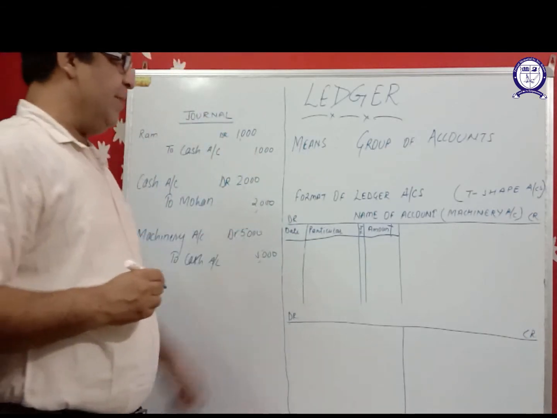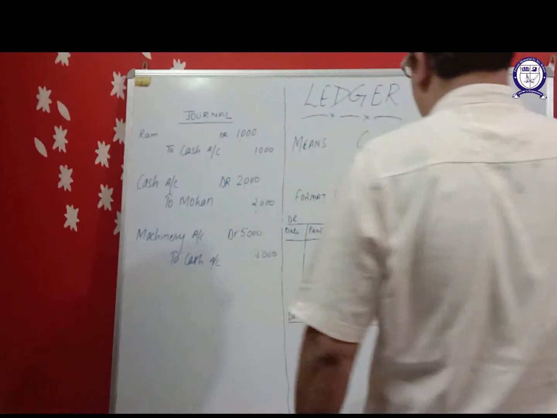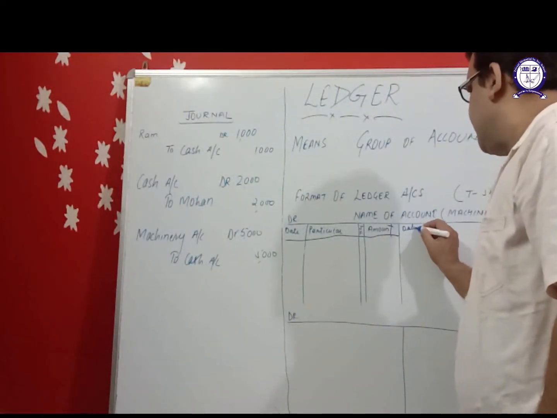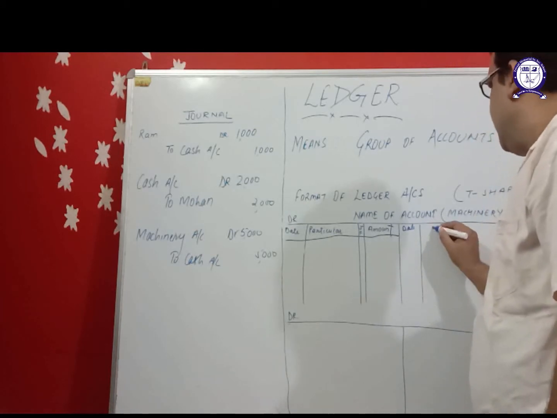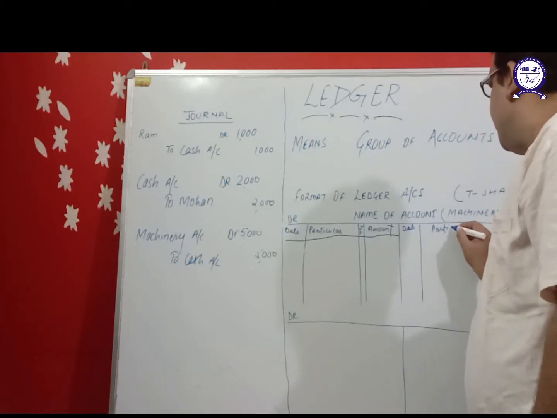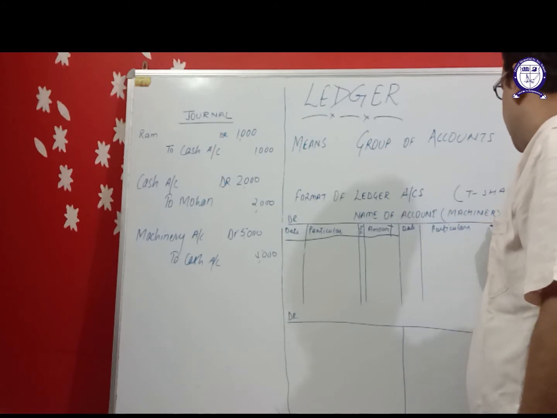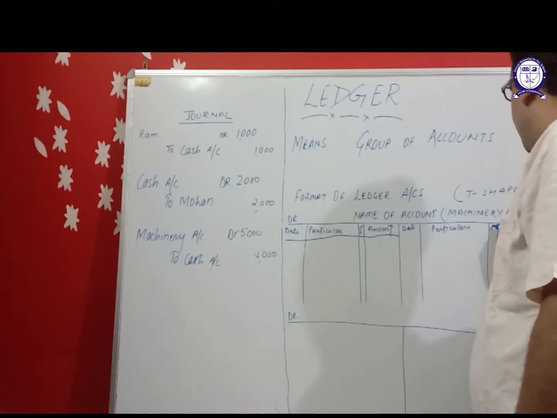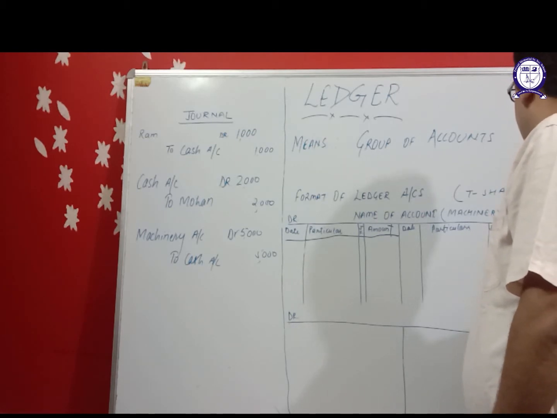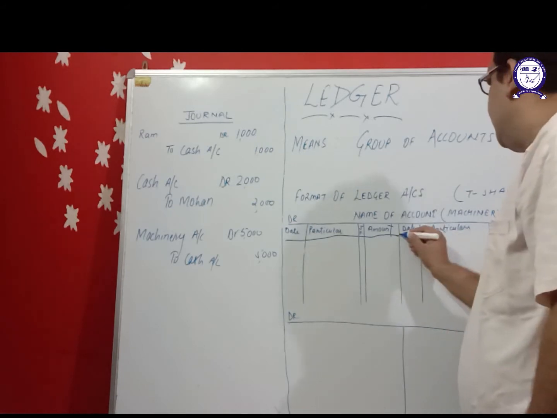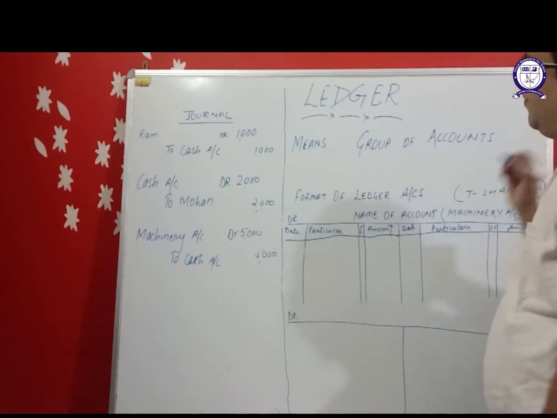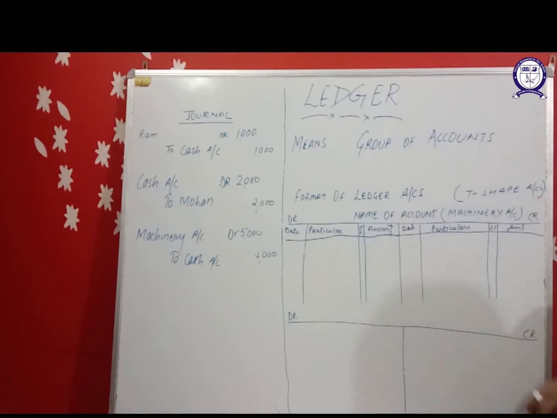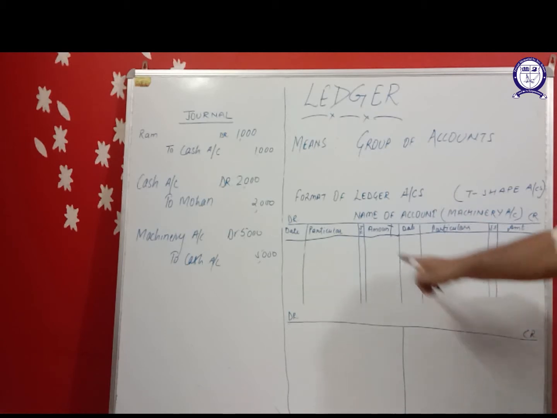In the same way, four columns will be prepared on the credit side: date, particulars, a small column for journal folio, amount. So this is the format of an account. All the accounts will be prepared in this manner.